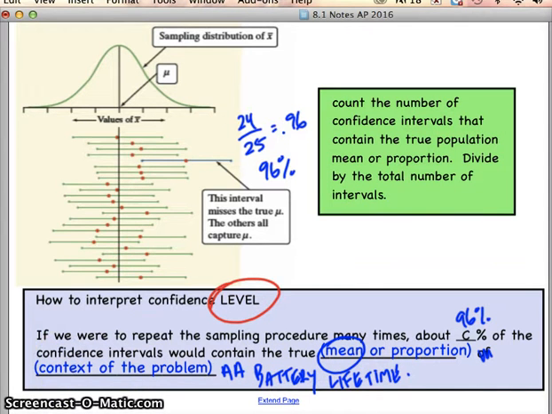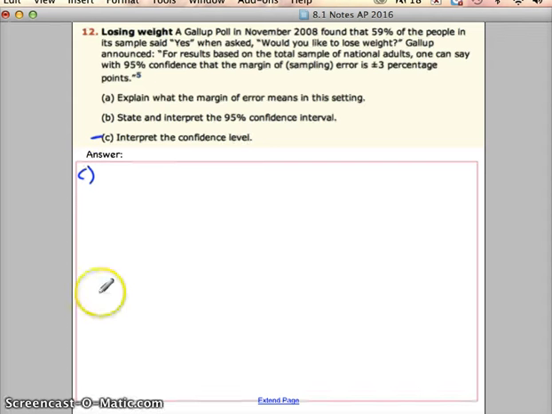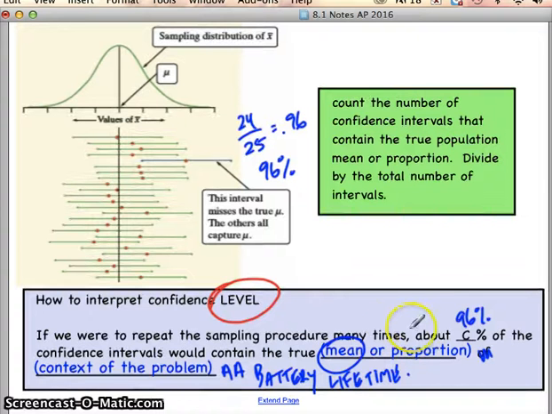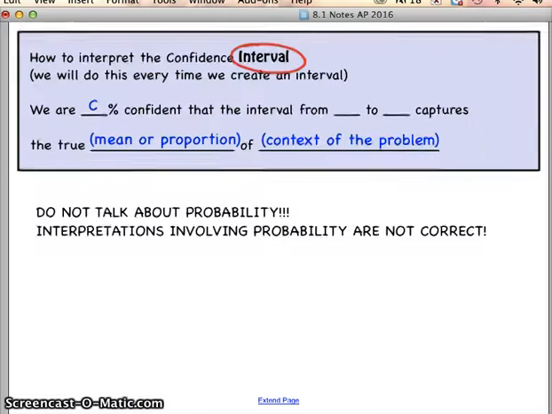So it says, if we were to repeat the sampling procedure many times, then it says about blank percent of the confidence intervals would contain.